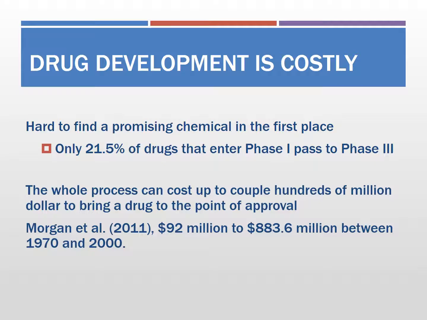So within this period, the least expensive drugs that got to the stage where the FDA can finally review the document cost $92 million, versus the most expensive testing and trial costs, which went up to $883 million.